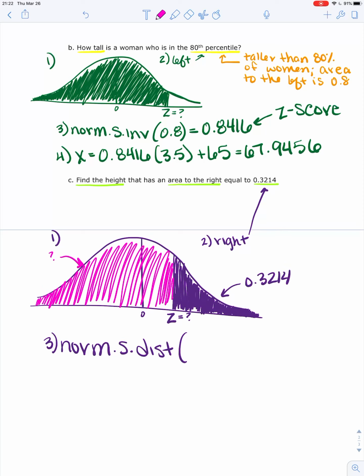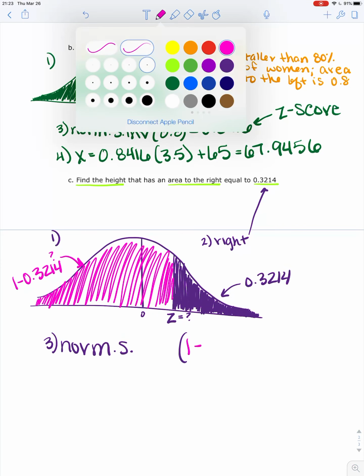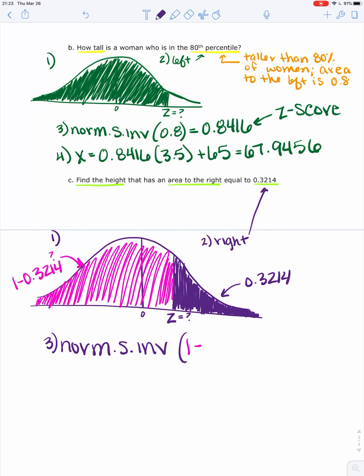So there are two ways you could do this. You could find the area to the left separately. So I would find the area to the left of my unknown z-score by doing 1 minus 0.3214. Or you can just plug that in to this norm.s. Oops, that should be inverse. Sorry if I confused y'all when I wrote that down. This should be norm.s.inverse. Okay, so norm.s.inverse wants the area to the left.